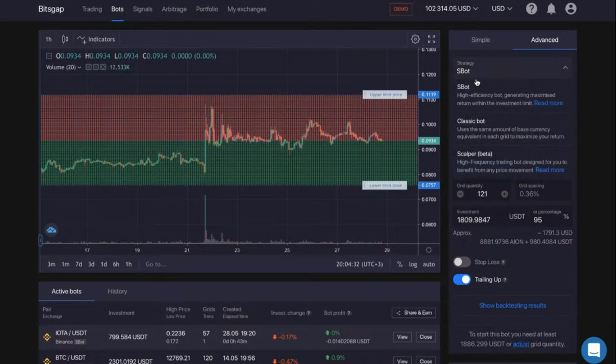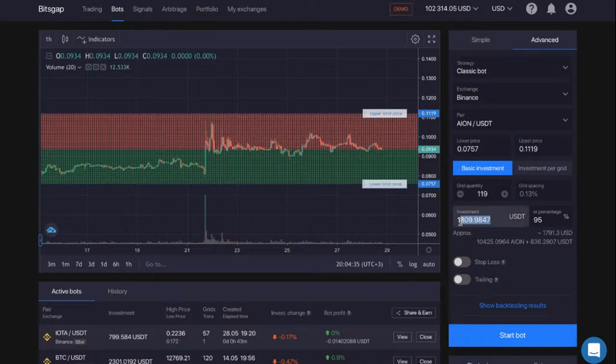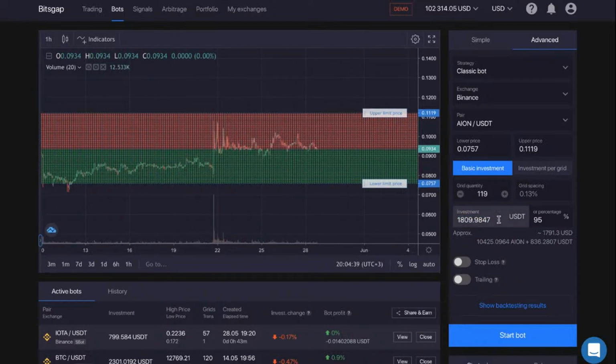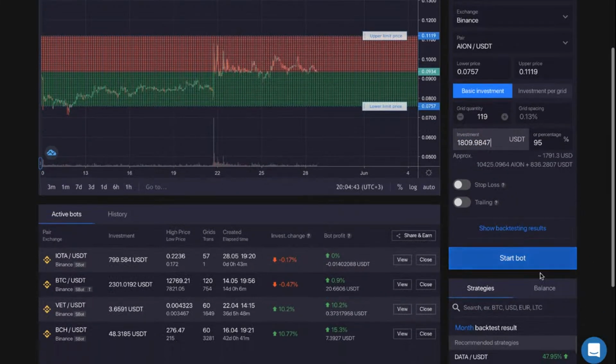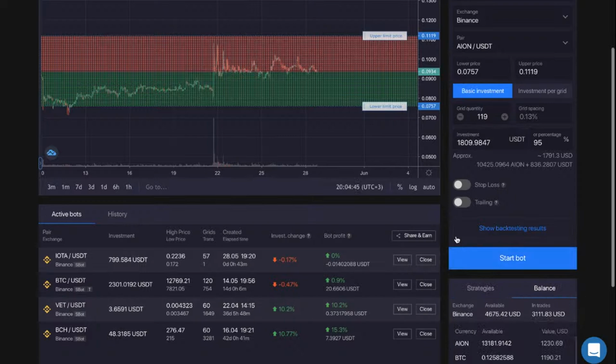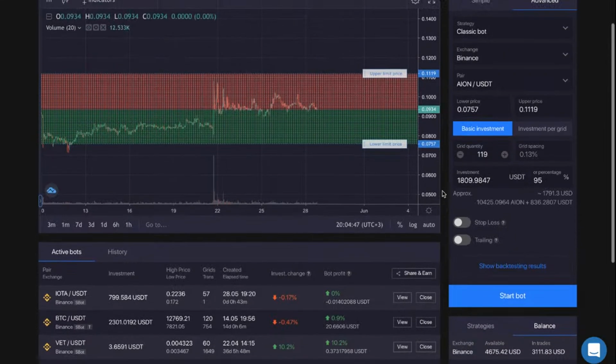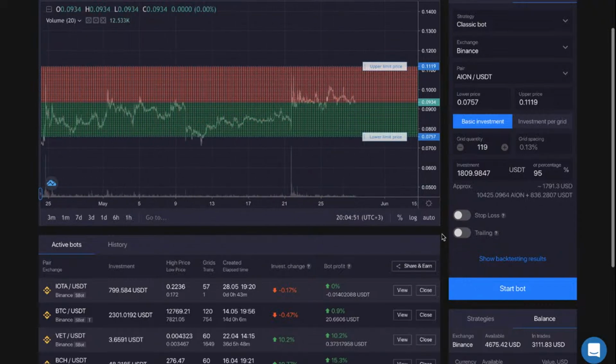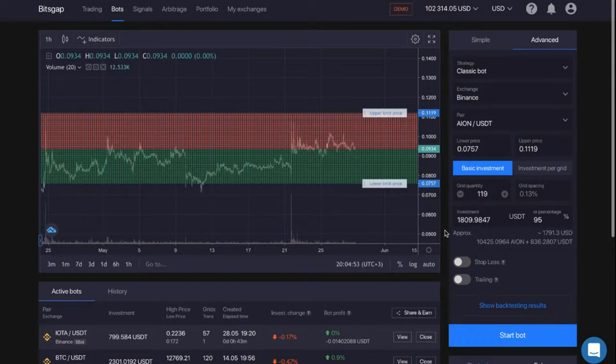But when it comes to the classic bot, what can happen is that it can go beyond the investment, so it can take extra available balance from your account simply to initiate other trades. That's due to the technical specifications, and you can read more about it in our blog.